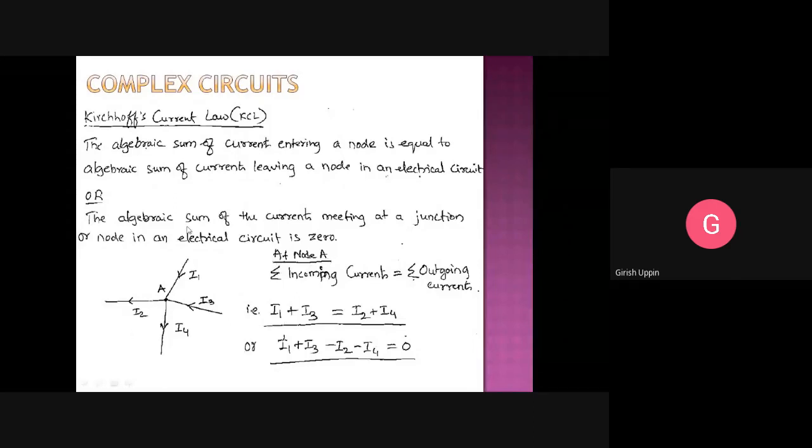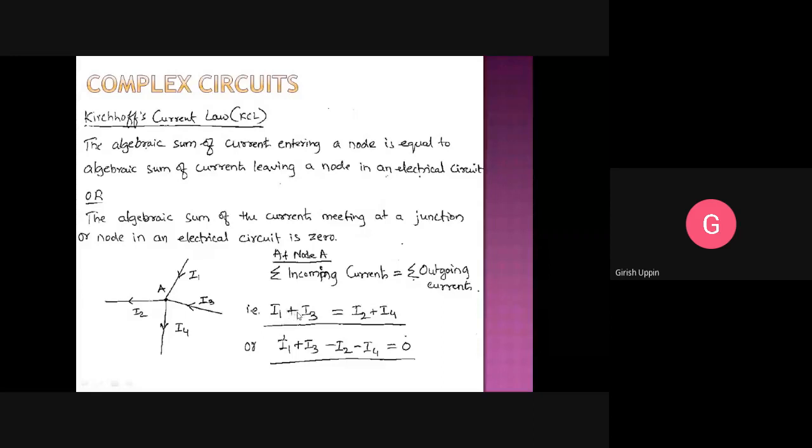So always remember, Kirchhoff's current law is always applied to a node. At node A, sum of incoming currents is equal to sum of outgoing currents. And what are the incoming currents? Sum of incoming currents I1 plus I3 is equal to sum of outgoing currents I2 plus I4.